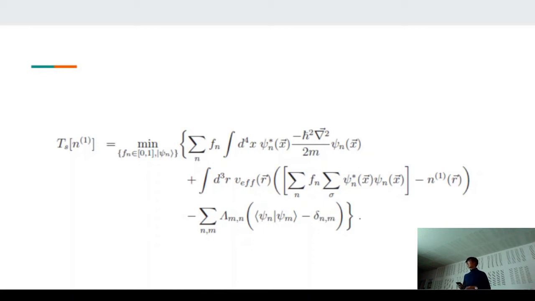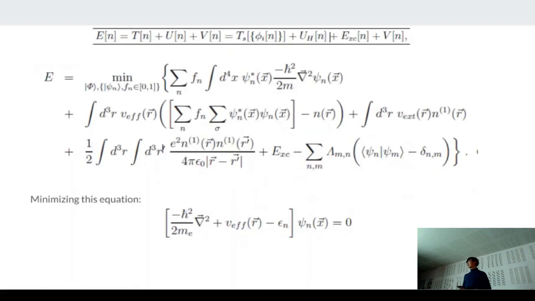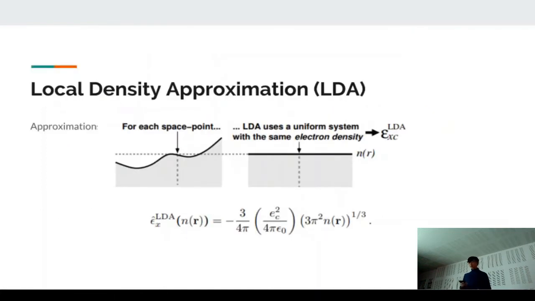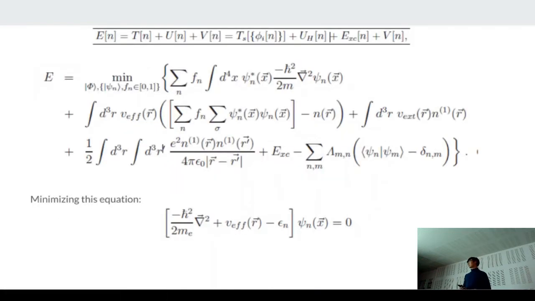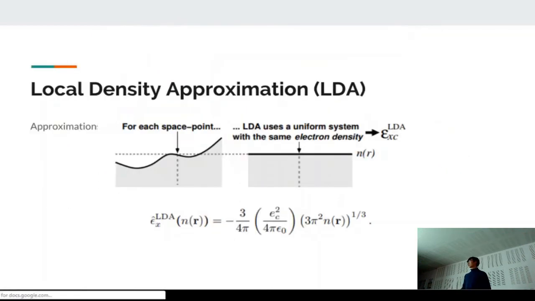So we have the Kohn-Sham equation here, and then next, to address the correlation energy, one way to look at it is the local density approximation.